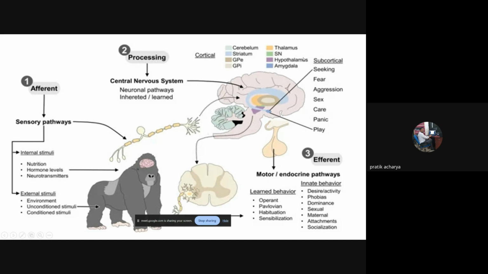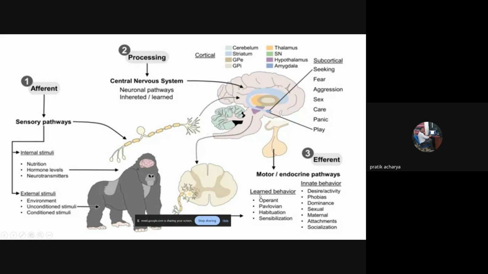Here I have marked certain behavioral patterns, and those behavioral patterns are regulated by certain brain systems. When the organism gets any external stimulus, it starts processing the stimulus in the central nervous system, and the central nervous system centers take the decision for different functions like seeking, fear, aggression, sex, care, panic, playing, everything.